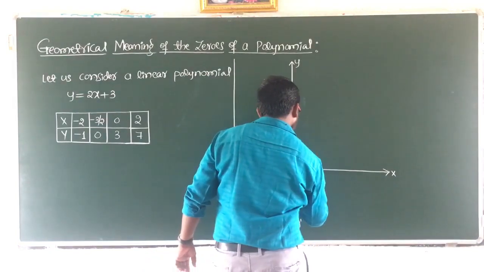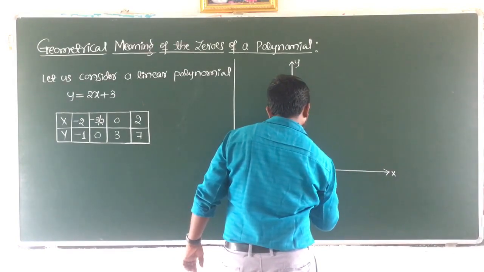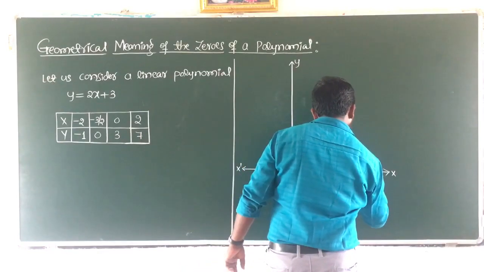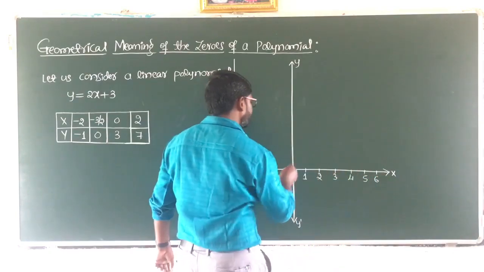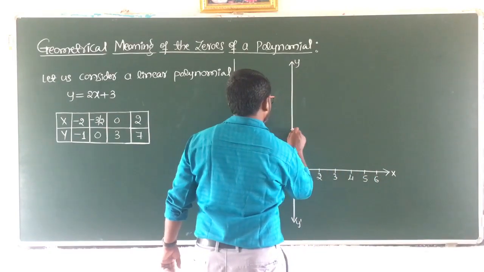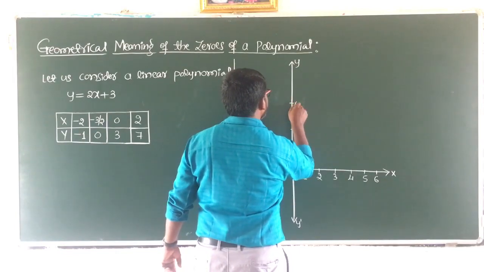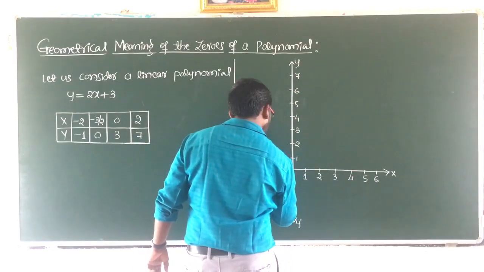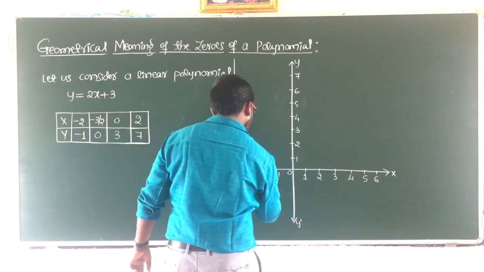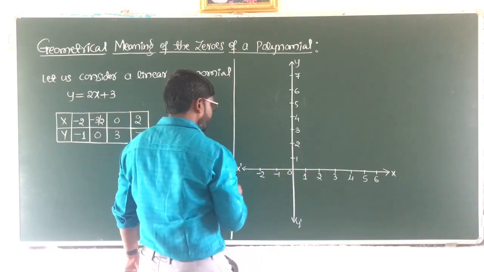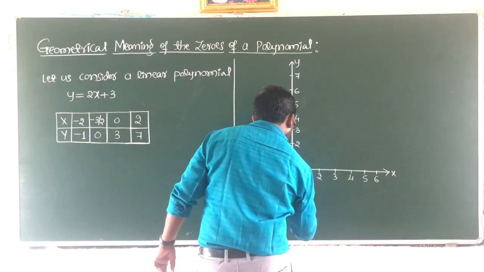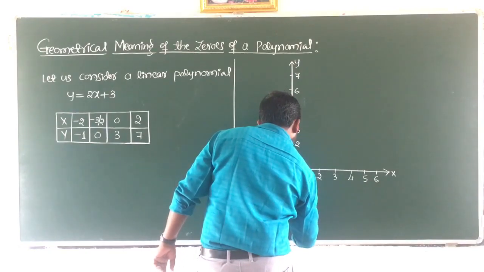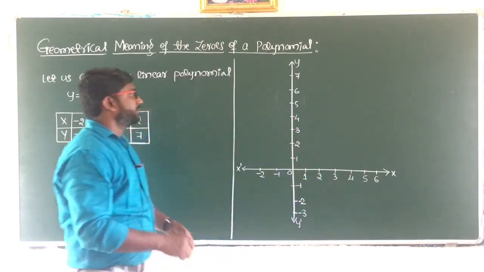Now take up the scale: 1, 2, 3, 4, 5, 6, 7, and along the negative x axis I take some points: minus 1, then minus 2, and then minus 3.